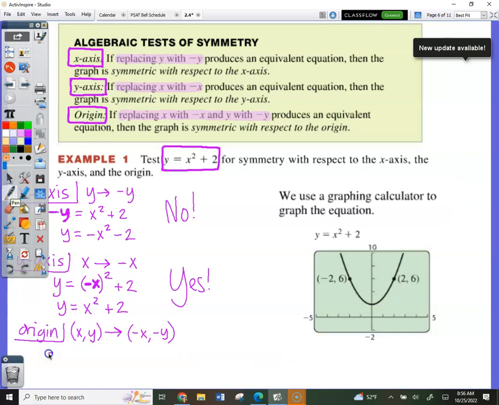Okay, so negative y equals, here we go, negative x squared plus 2.